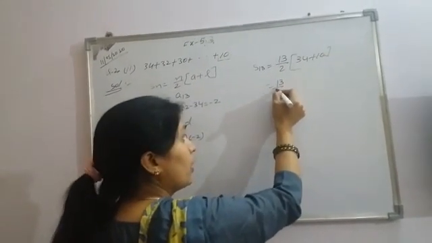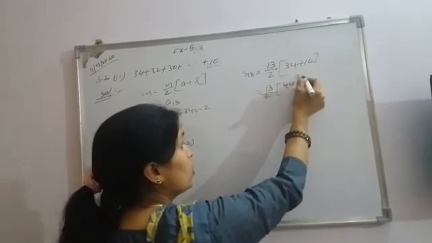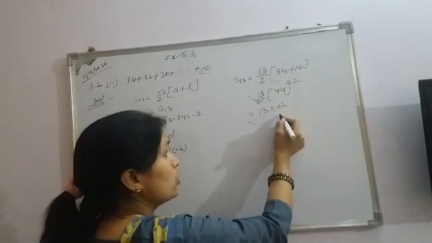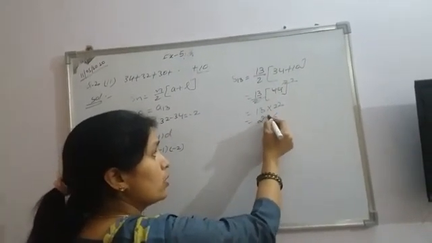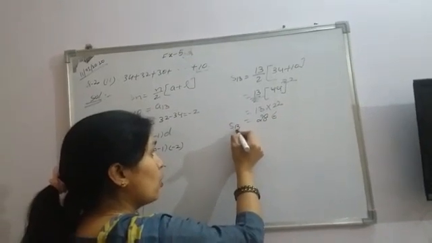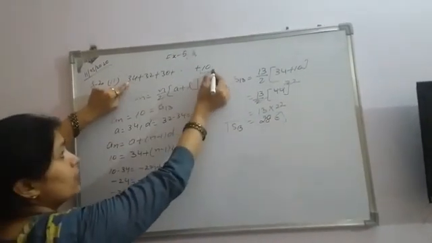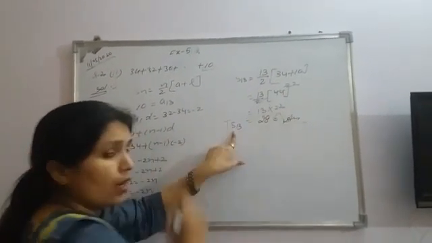So 13 divided by 2, 34 plus 10 is 44, half of it is 22. So 13 into 22: 13 twos are 26, and next is again 26 plus 2 is 28, so 286. So the sum of first 13 terms, or we can say the sum of these numbers, is equal to 286, and this is the answer.